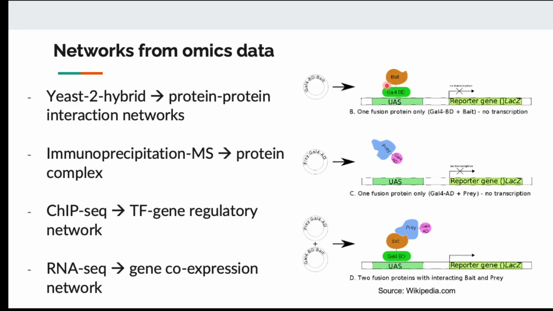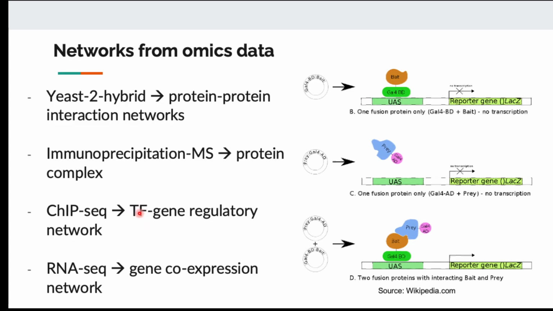But if your pull down result, your immunoprecipitation result, also contains other proteins, then you suspect that those proteins might be able to bind to your target protein, because you can pull them out from the sample with the antibody for your target protein.